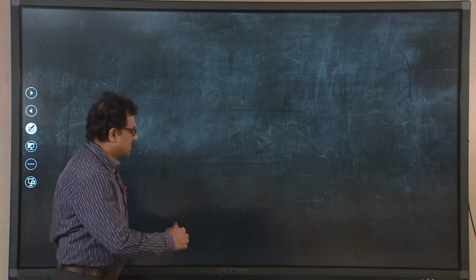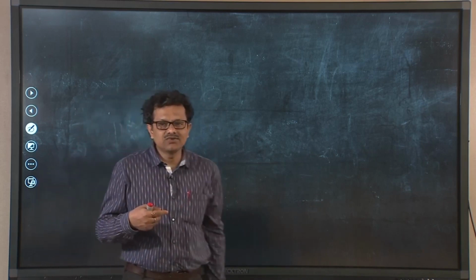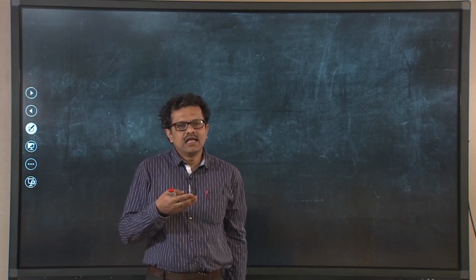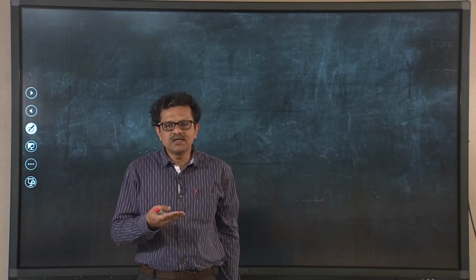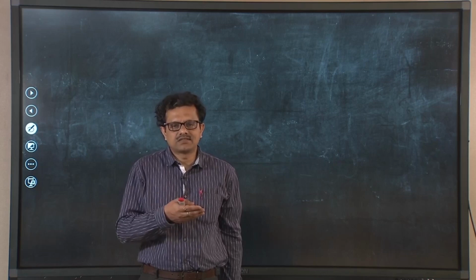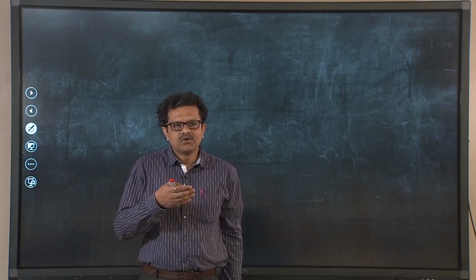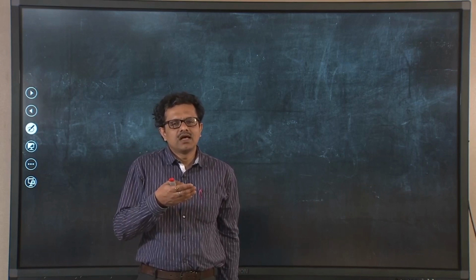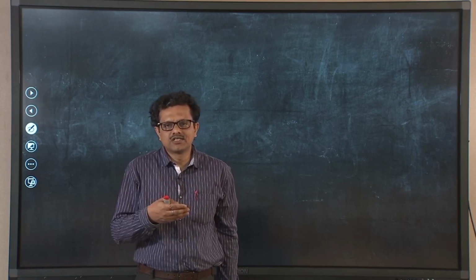Now, for the recapitulation of what we have discussed, air which is drawn into the compressor is compressed. Now, we need to run gas turbine units having certain pressure ratio.